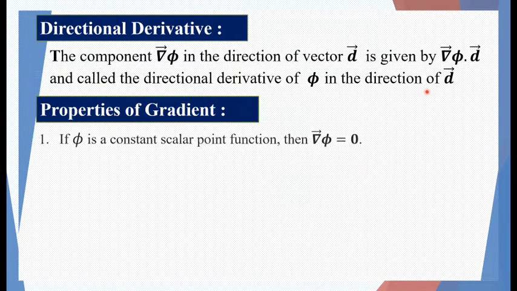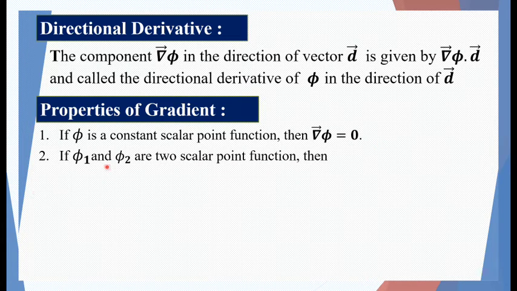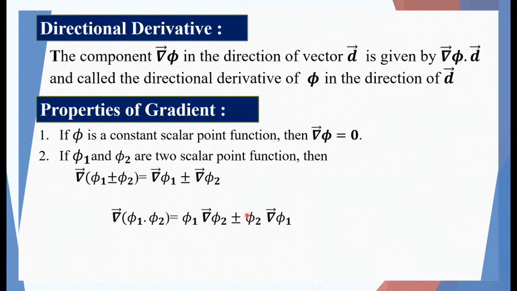Properties of gradient. If phi is a constant scalar point function, then del phi is equal to 0, because del over del x, del over del y or del over del z of a constant is always 0. Number 2, if phi 1 and phi 2 are two scalar point functions, then del of phi 1 plus or minus phi 2 is equal to del phi 1 plus or minus del phi 2.